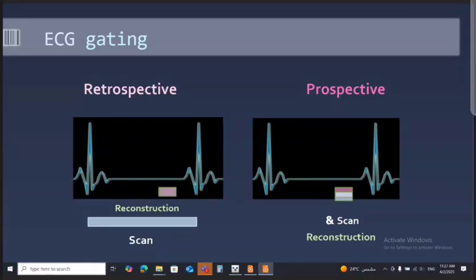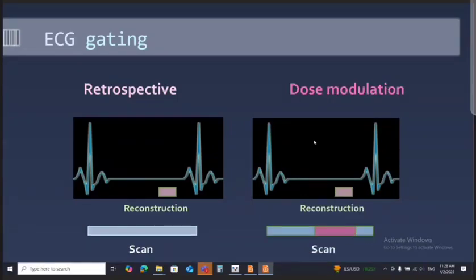With prospective images, in the early days, the radiation dose have been reduced to around 15 millisieverts. Okay, how to solve this problem? Here we have the advantage of having images throughout the cardiac cycle, and here we have the advantage of reducing the radiation dose.